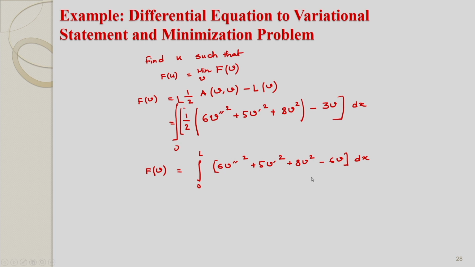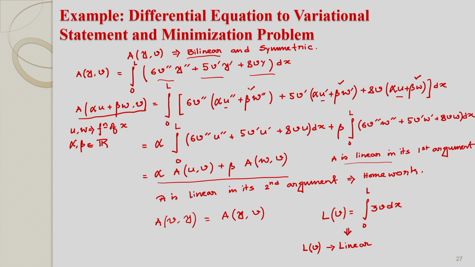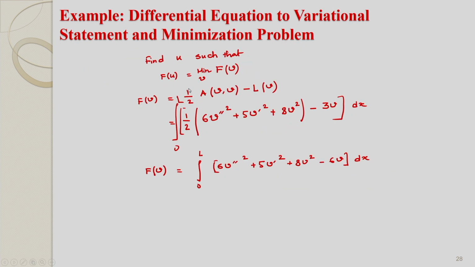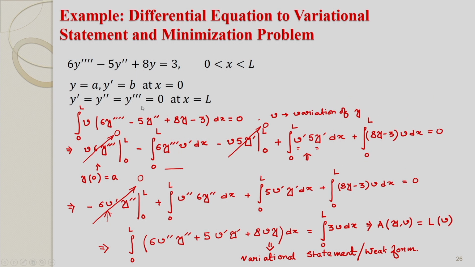So, it is the minimization problem. Thus, this is another way to pose the same differential equation as a minimization problem. So, this is the second part of our example, how to get the minimization problem corresponding to this differential equation.